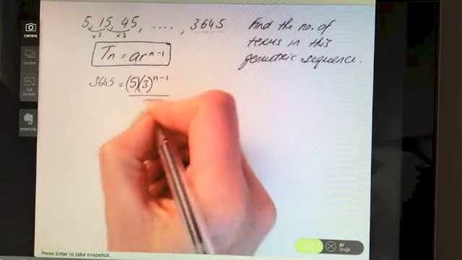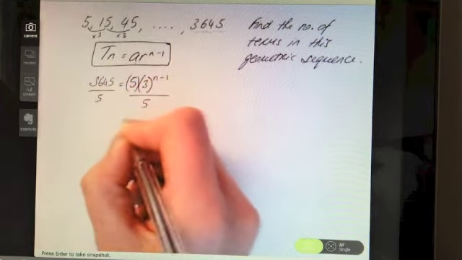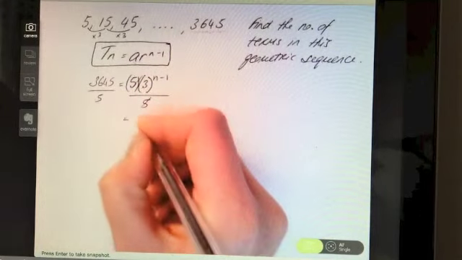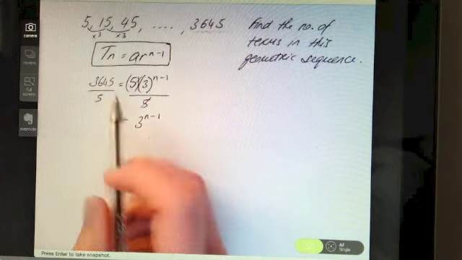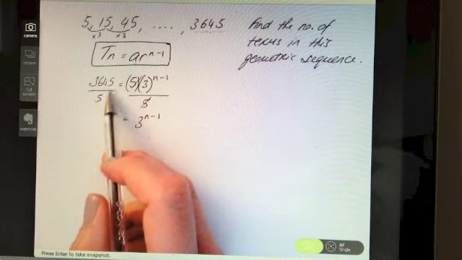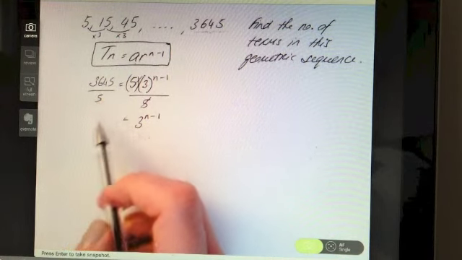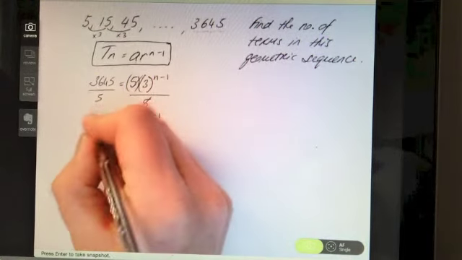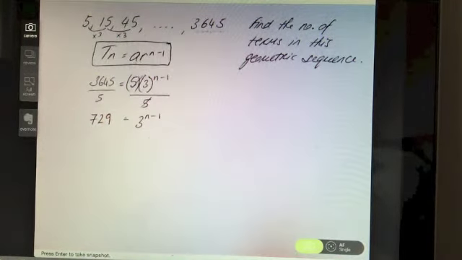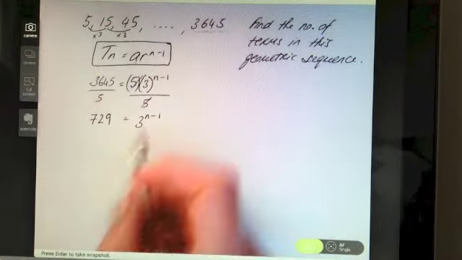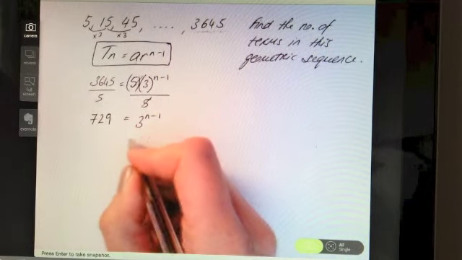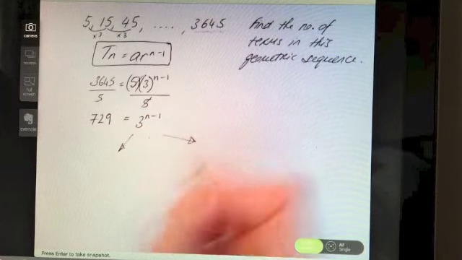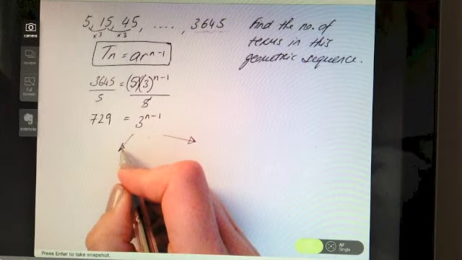So I can get rid of that by dividing both sides by 5. That will cancel that out and leave me with 3 to the power of n minus 1 on the right hand side. And 3645 divided by 5 works out to be 729.